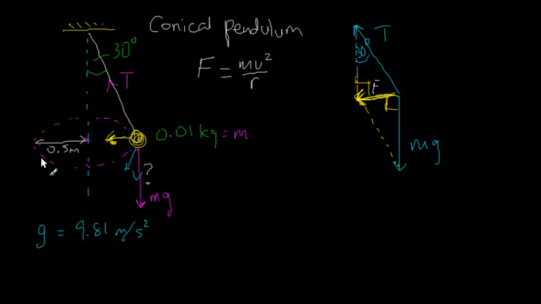So we have a radius. Now we know what we need to find. With the mass, we have the R. To find the v, we need the force. So I shall try and find this force from this picture.